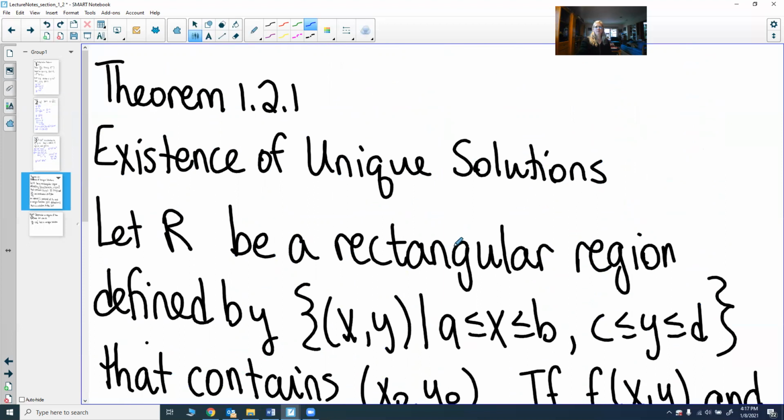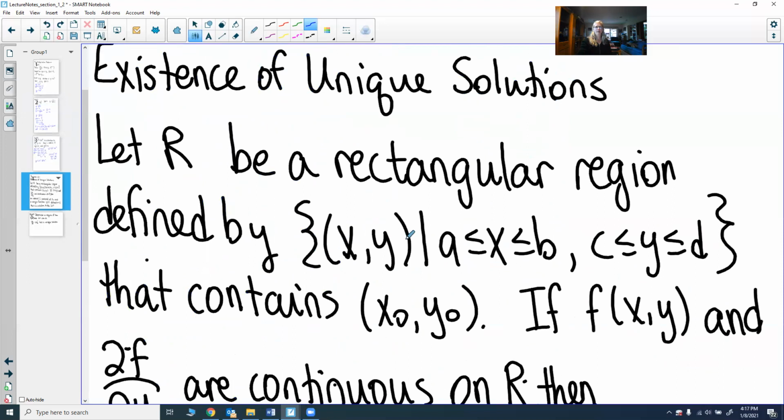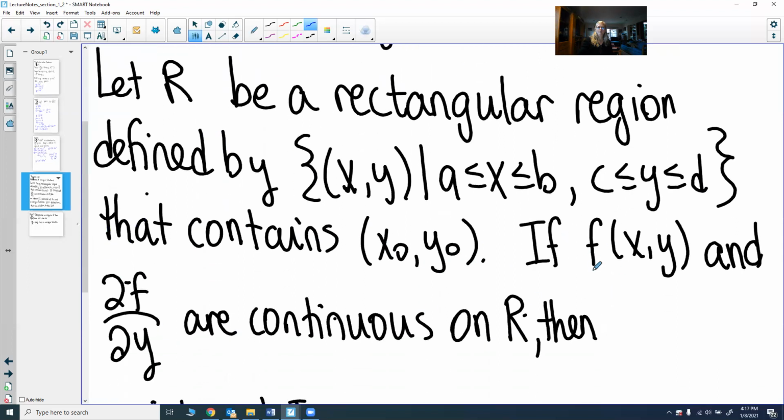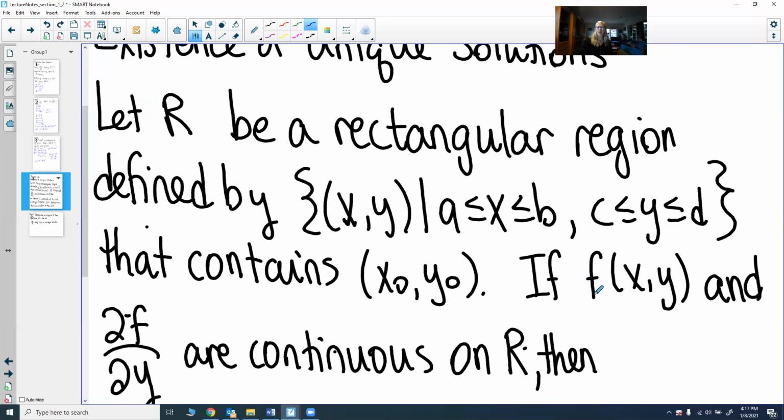It says let R be a rectangular region defined by the points x, y, where x is between A and B, and y is between C and D, and it contains your x0, y0. So the main thing is, remember we have a differential equation, the derivative of y is equal to f, where f is your function of x and y.